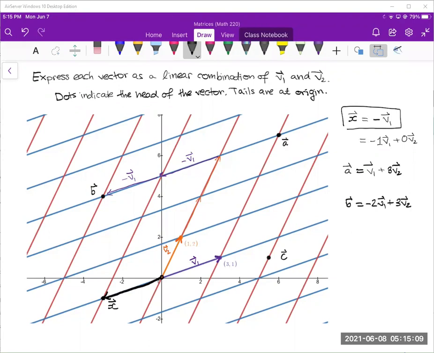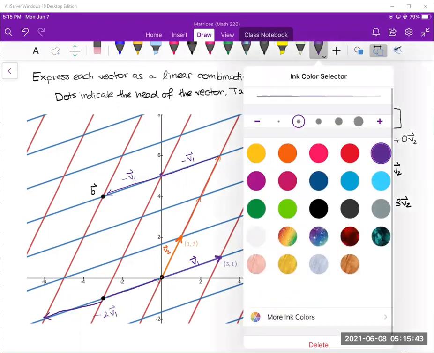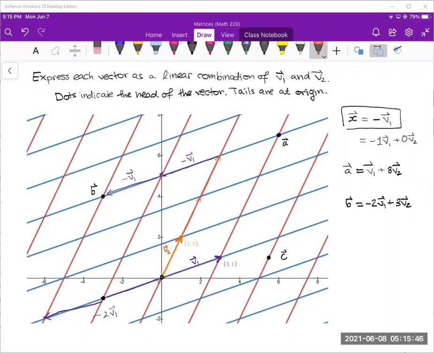The way that we wrote it, we first went in the direction v2 3 times, and then in the direction of negative v1 twice. We could have also expressed this by beginning by going to negative 2v1, and then traveling along 3v2, 3 times v2, this stretched version.